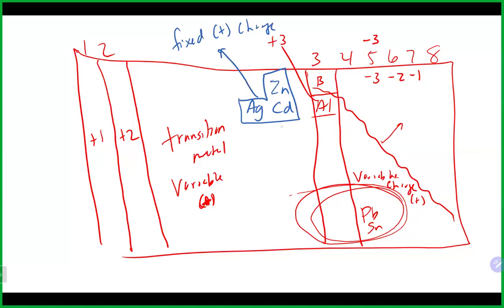In the case of zinc and cadmium, that positive charge is +2 for each of them. And in the case of silver, it is +1. So that is your 3 exceptions in the transition metal region. Even though they are transition metals, they will make fixed positive charges.